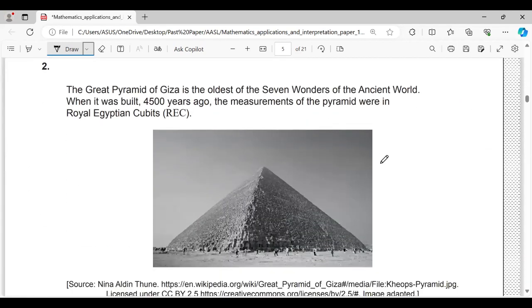Next, number two. The Great Pyramid of Giza is the oldest of the seven wonders of the ancient world. When it was built 4,500 years ago, the measurements of the pyramid were in Royal Egyptian cubits, REC.